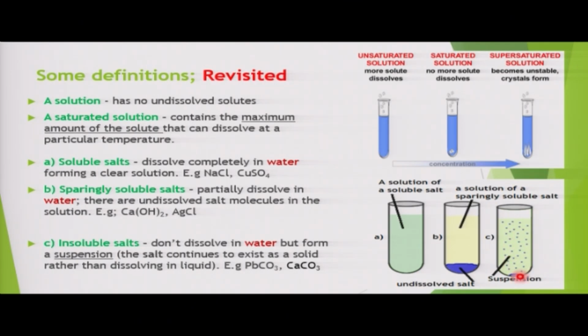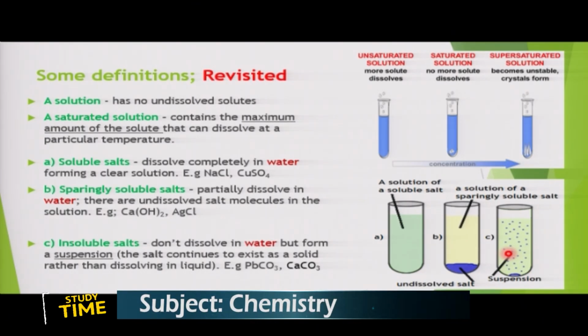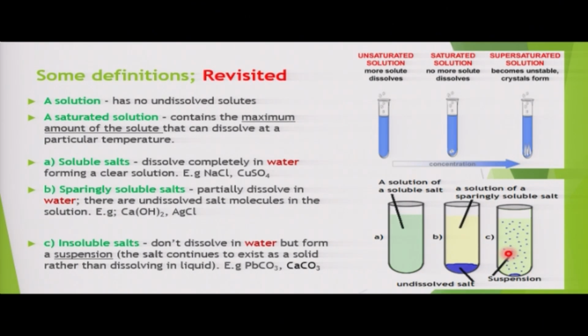So we call that a suspension. This clearly distinguishes a soluble salt solution, a sparingly soluble salt solution, and an insoluble salt solution. So that is a quick review or a quick reminder on the terms we shall be using.